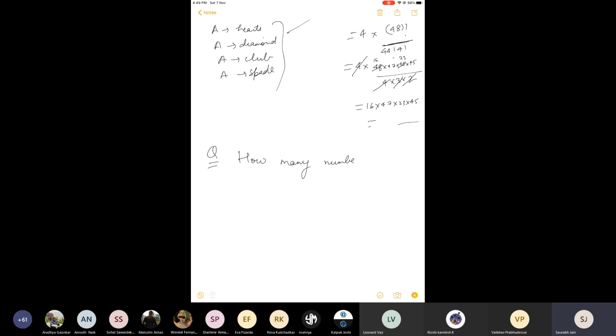How many numbers greater than 1 lakh can be formed?